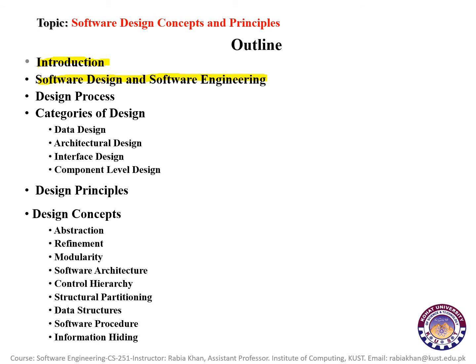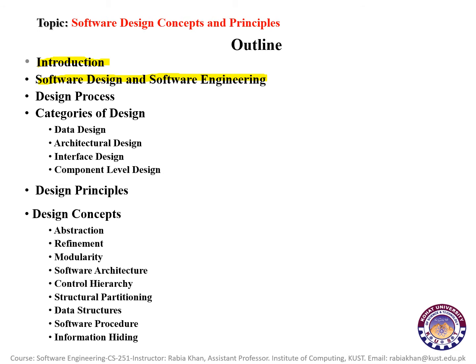The design phase can be subdivided into 4 different sub-design phases. The first design is the data design, which is generally developed on the data model which has been created in the previous phase, which is the requirement analysis.